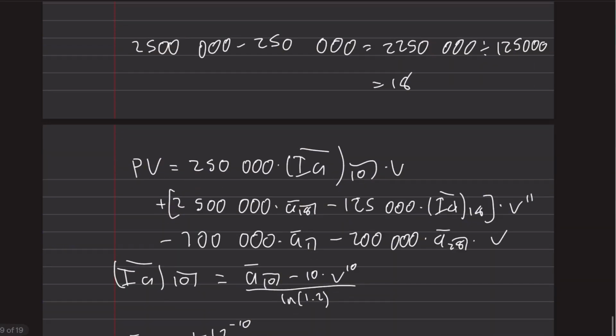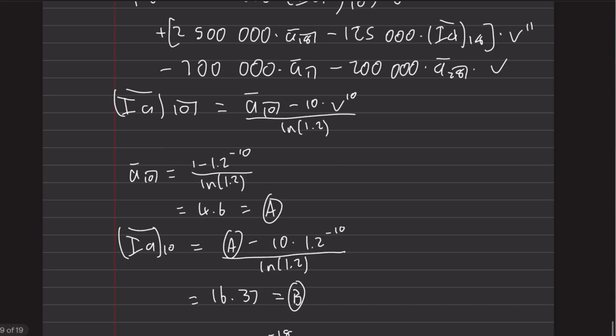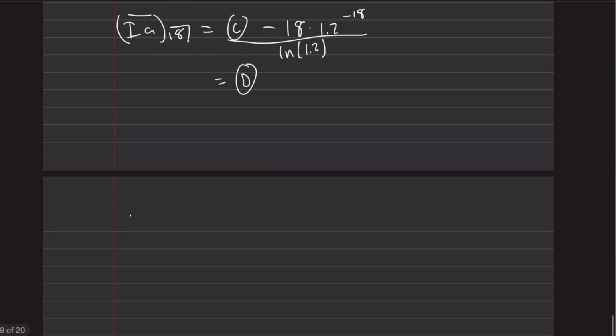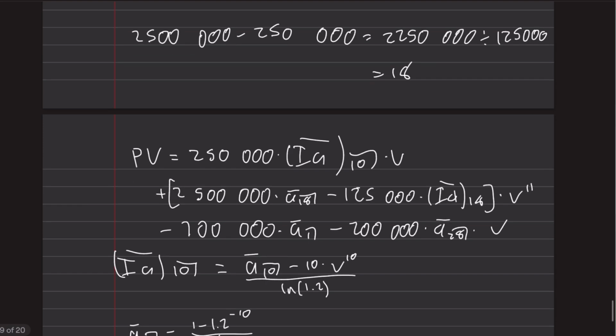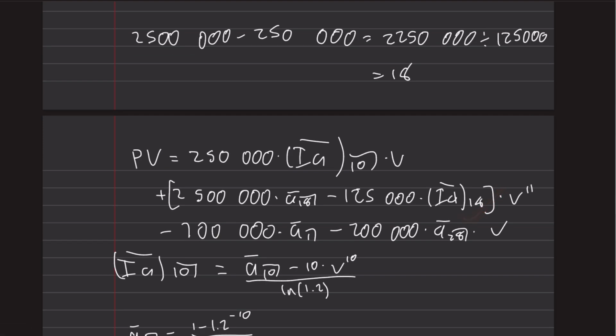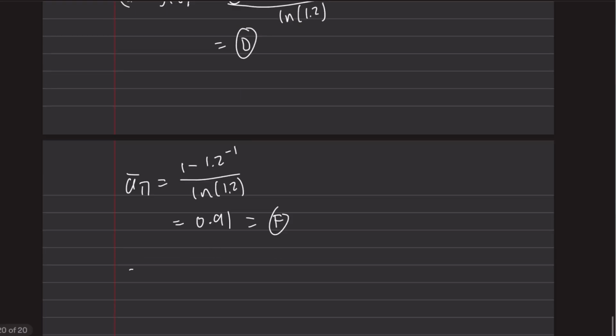Cool, so now we've got that. So now we just need that. So a continuous annuity for 1 year, pretty simple. It's just going to be 1 minus 1.2 to the negative 1 over ln of 1.2. And that's going to give you 0.91. Let's store this in our calculator as F. And then finally, we just need this, continuous annuity for 28 years.